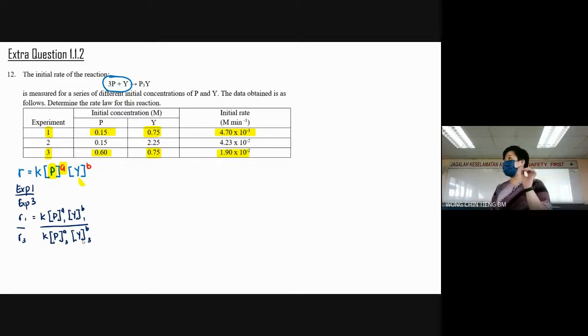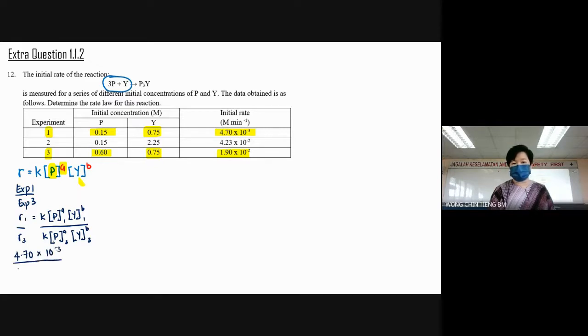So for simple question like this, kalau kamu adalah jenis careless, tulis benda ni tadi tak sampai 10 saat. Tulis. Kalau kamu rasa kamu sangat confident dan kamu tak ada issue careless, dan kamu boleh ambil terus data, your R1 is your 4.70 times 10 to the power negative 3.